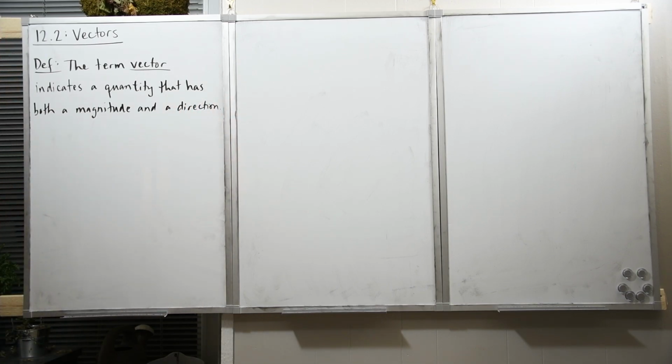And typically we're going to use an arrow or a directed line segment to represent a vector.